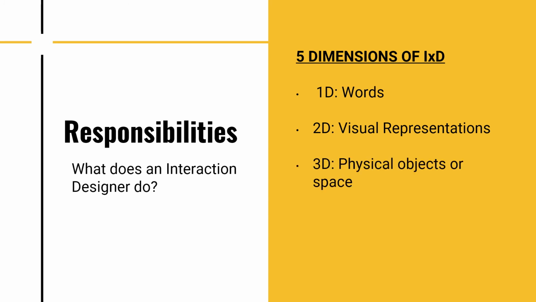Next, physical objects or space. Through what physical objects do users interact with the product? Okay, ito ba ay gagamitin sa laptop with a mouse or touchpad? Siyempre, kung gagamit ka ng app, you don't only consider those users na may external na mouse. You also need to consider those users na walang mouse at gumagamit lang ng touchpad.